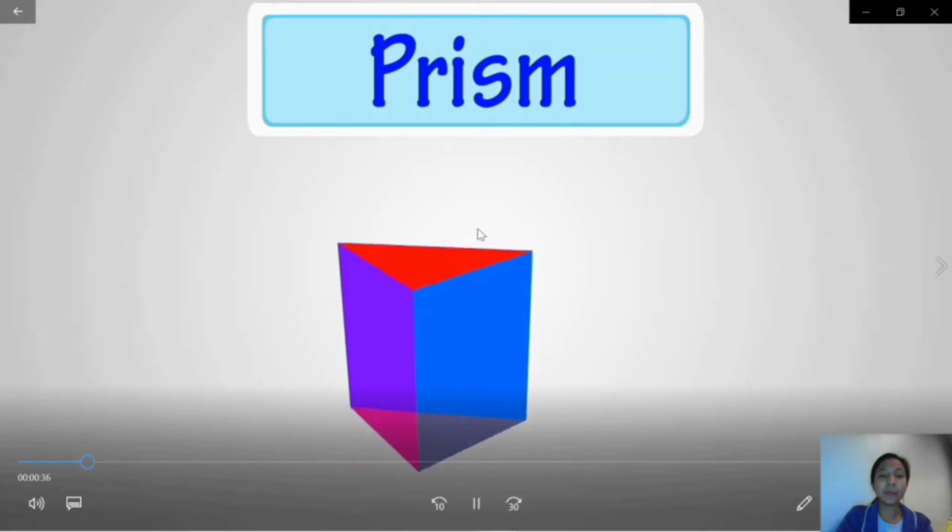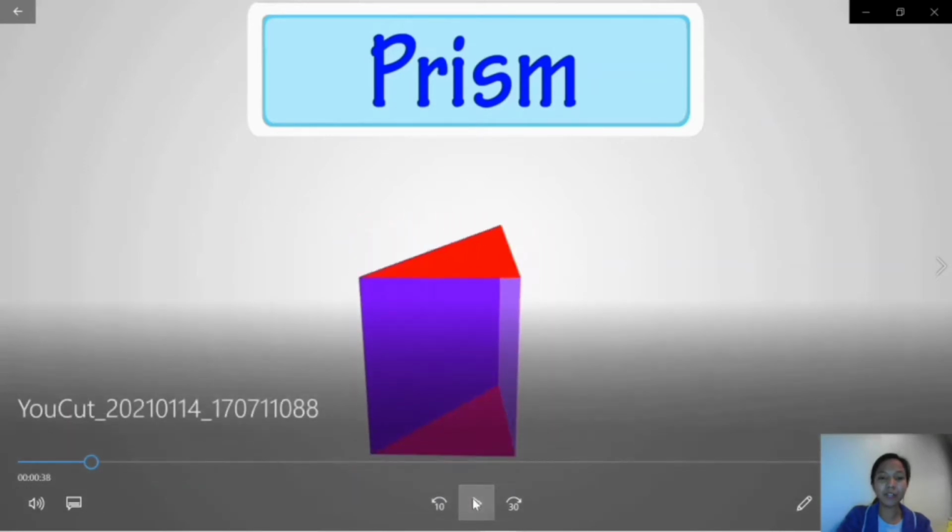The prism is an example of a 3D shape, but it is defined as a prism if the top face and the bottom face are triangles, and the rest of the other faces are rectangles.